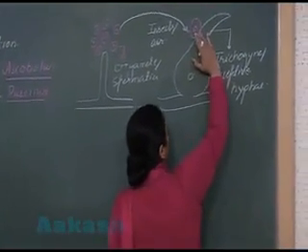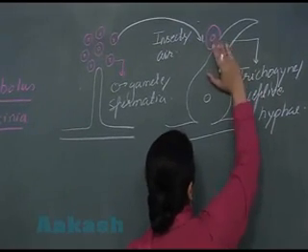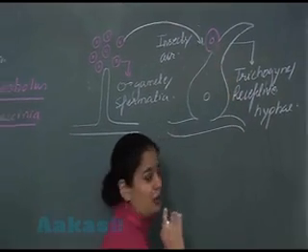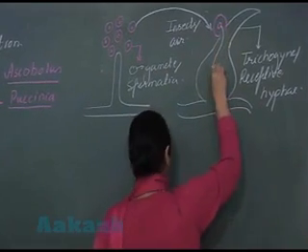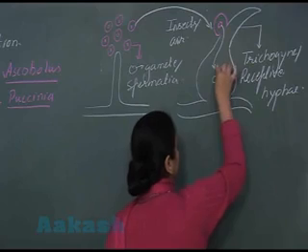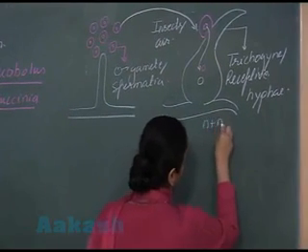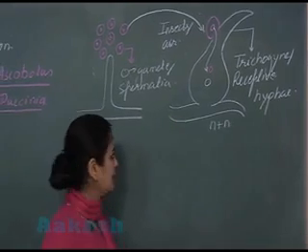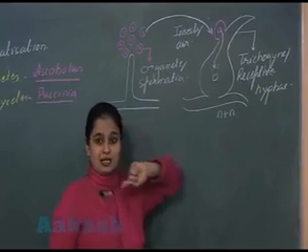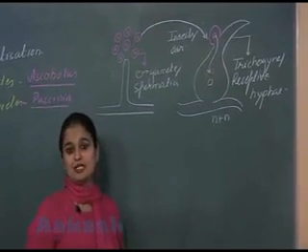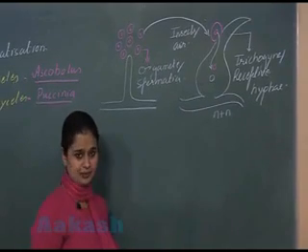Now at the point of contact, there is dissolution of the wall, and this male nuclei is transferred here, resulting in the formation of N plus N condition. This is the male nuclei, this is the female nuclei. So after the transfer, there is formation of dikaryotic condition, that is N plus N condition.